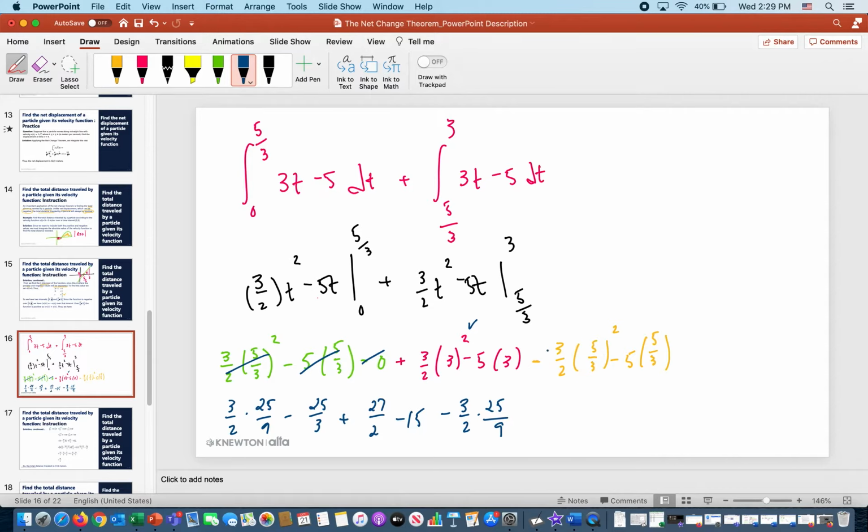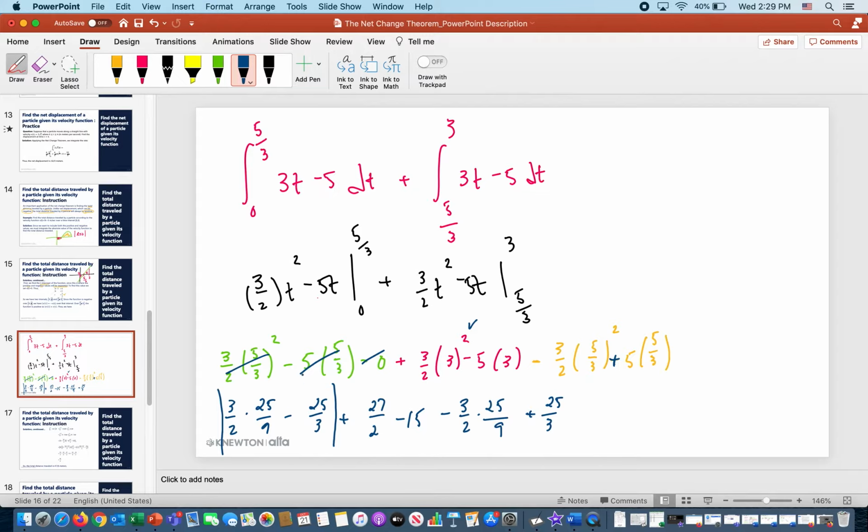Now this minus sign needs to get distributed into this guy right here. So we're going to have plus 25 over 3. Now again, you might look and say, oh, these cancel, but remember, this stuff comes from below the x-axis. So when I combine this, I have to take the absolute value of it.